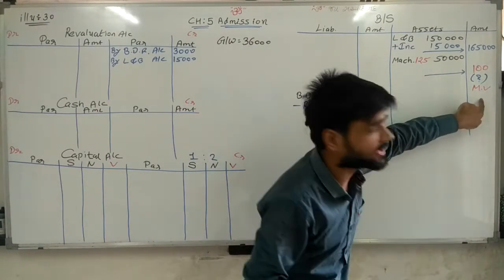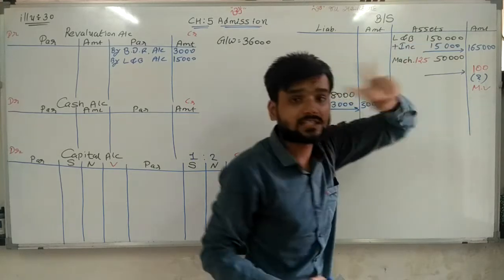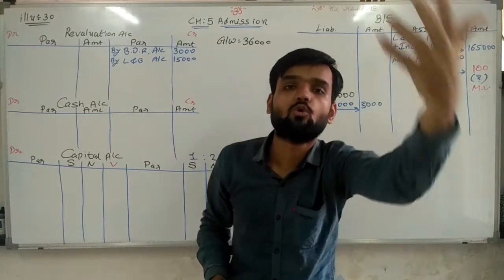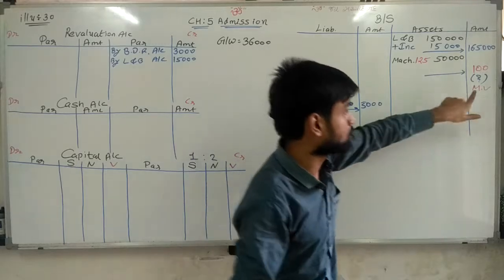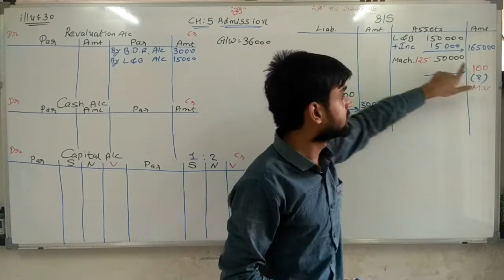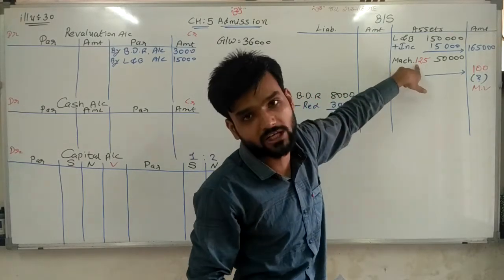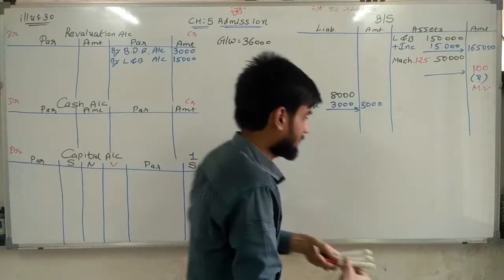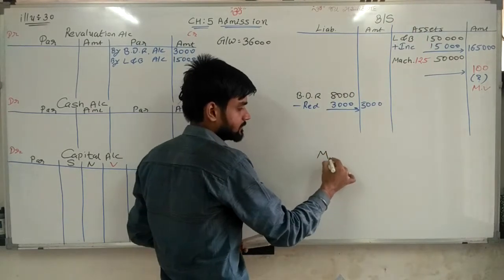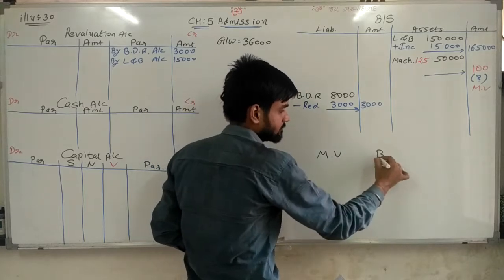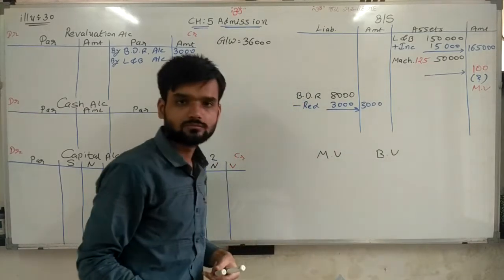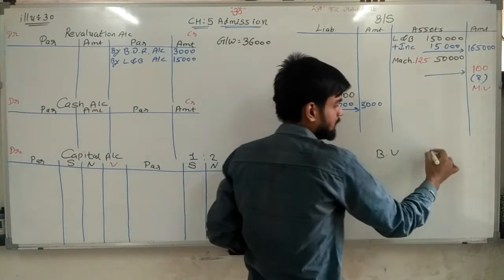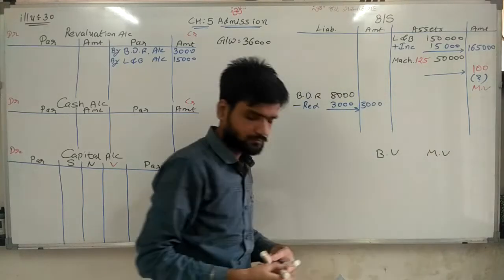But compared to market value, this value is 25% more. It means suppose market value is 100, then its machinery value is 125 because it's 125%. So here I am writing step: book value, then market value.